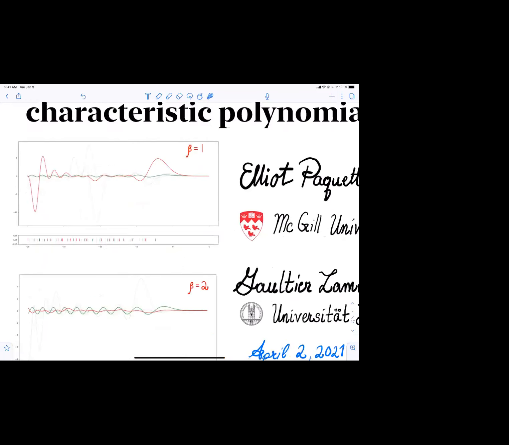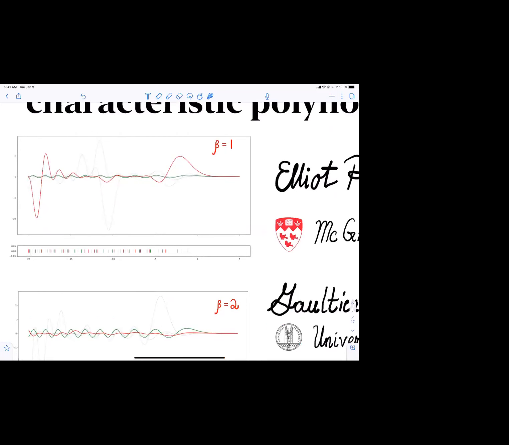So these are some pictures of this object. At the moment, I don't have any agenda on what I want you to see in these pictures. This is just some simulations at different values of beta. For every beta, there's a different random analytic function that appears here. This would correspond to the edge of where the eigenvalues form in the plane of this Gaussian beta ensemble.